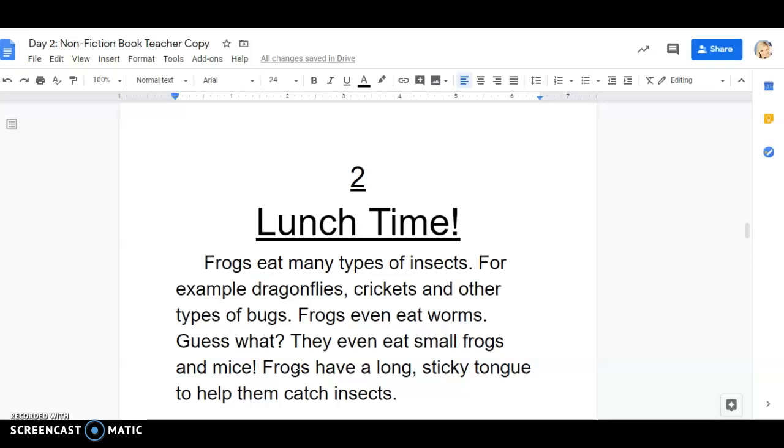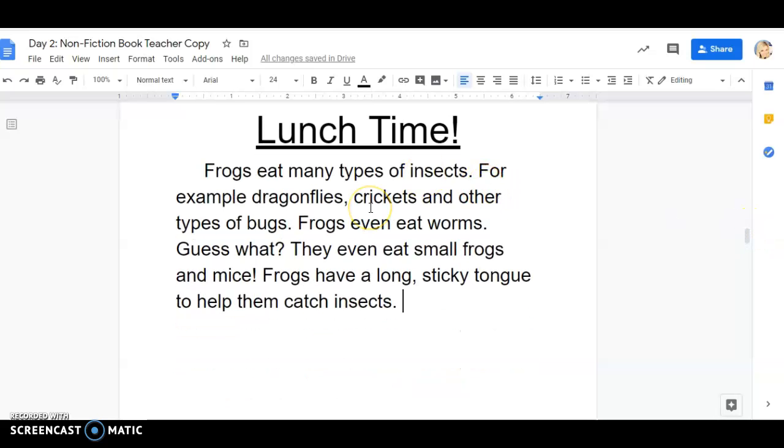Now, also something that I remember that I read, I didn't have it in my notes, but frogs don't always start out eating insects and bugs and dragonflies. Do you remember what they ate when they were tadpoles, the baby frogs? I'm going to write that down.